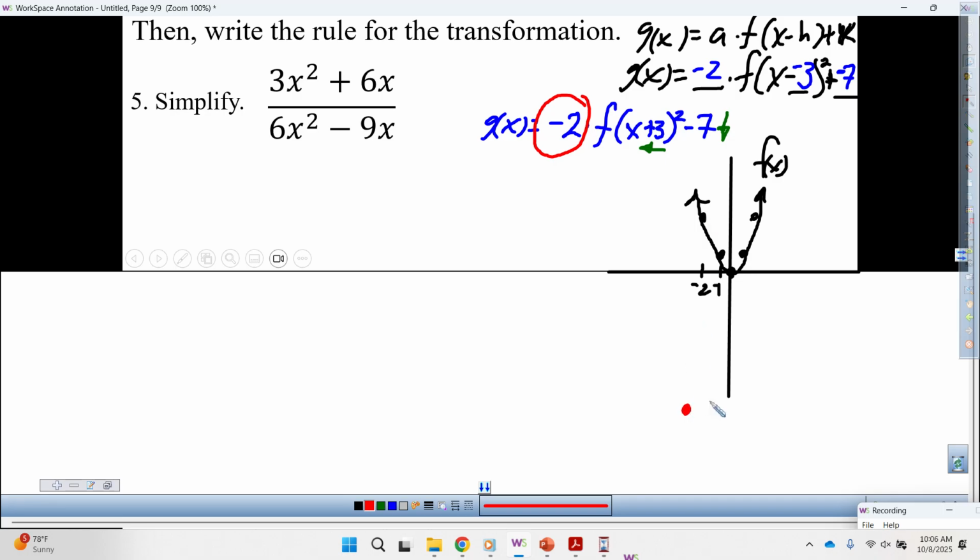Down here at negative 8. Next one, negative 2, 1. Instead of negative 2, 1, it should be negative 2, 2. But since it's a negative, negative 2, negative 2. 0, 0. The other ones just reflect.